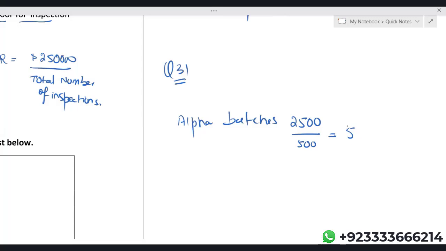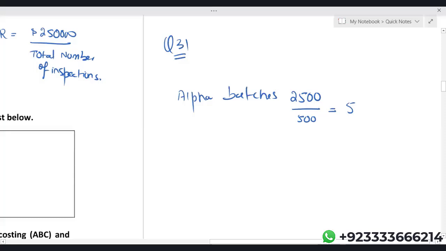So in order to manufacture 2,500 units of alpha, the total number of batches is 5. Now, how many inspections do we need? I'll come to this. Now, zeta batches.